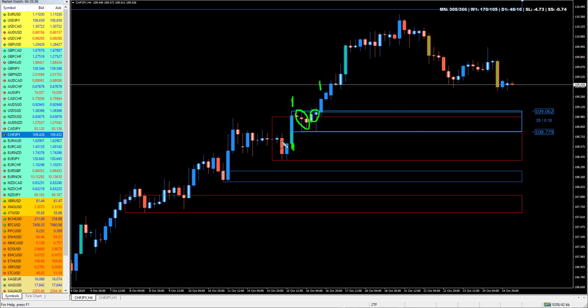This is the previously accepted area of value. And we have this one, which is leaving. Notice the price has not been back to this area since it was established. What does that mean? Well, that means we now have to find the low of that candle, and that would be an area that we might consider to trade.